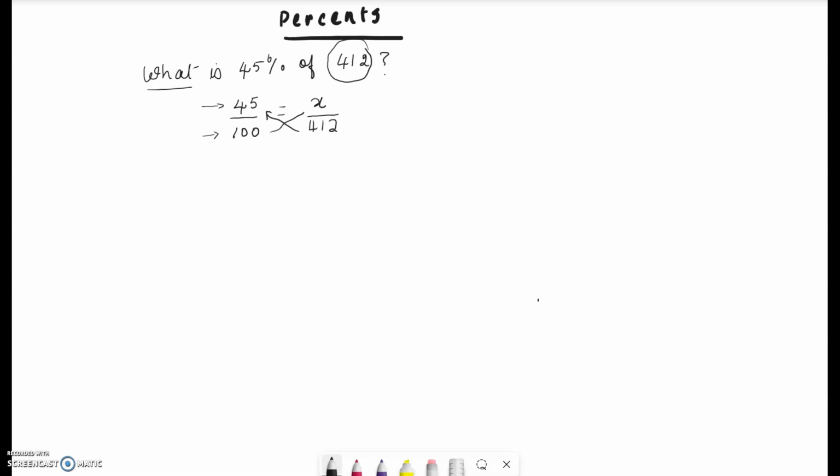Let's just cross multiply. So 45 times 412 is equal to 100x. We divide both sides by 100 and solve for x.